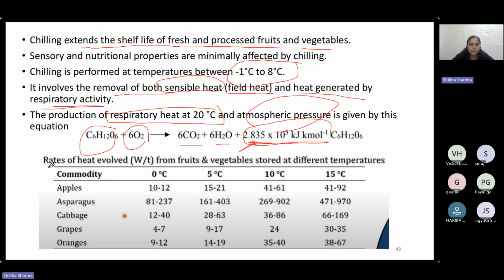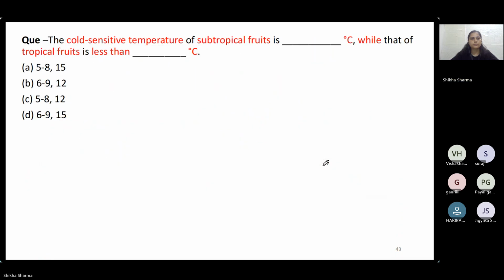We have different food commodities like apple, asparagus, cabbage, grapes, and orange, stored at different temperatures. At low temperature, the heat evolved will be low, and at high temperature, the heat evolved will be more. Is this question clear? Can we move to the next question?